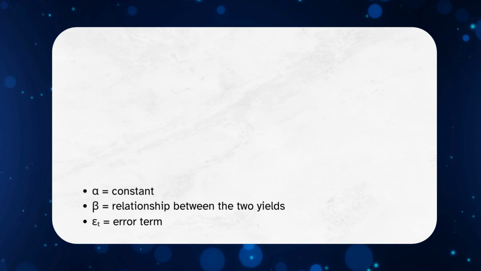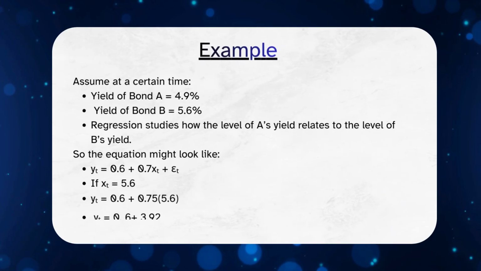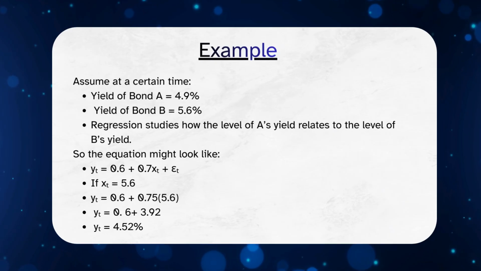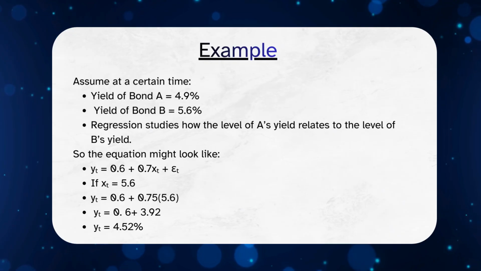For example, suppose the yield of bond A today is 4.9% and the yield of bond B is 5.6%. The regression examines how the level of bond A's yield relates to the level of bond B's yield.